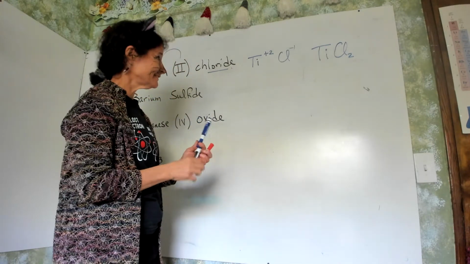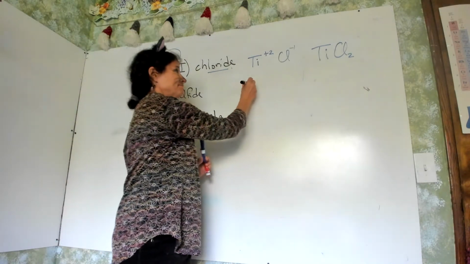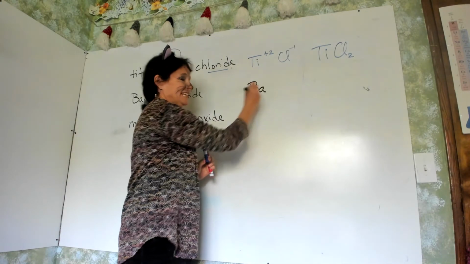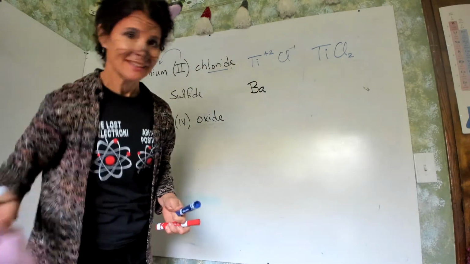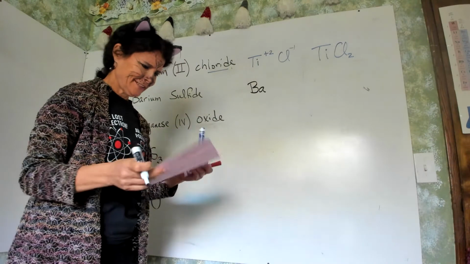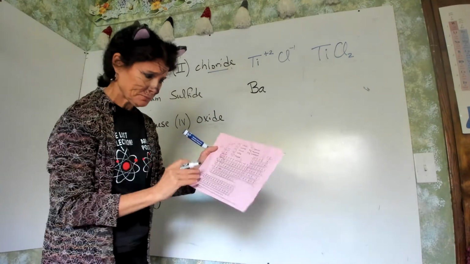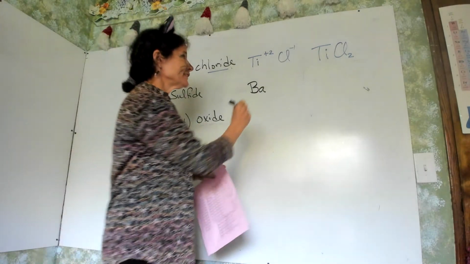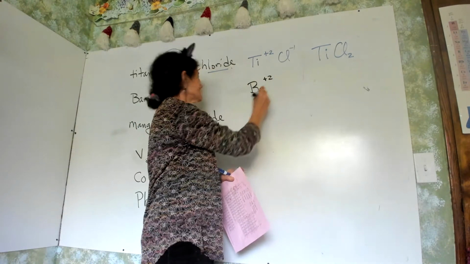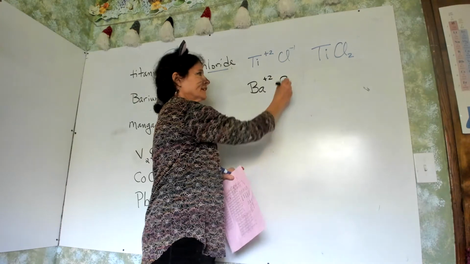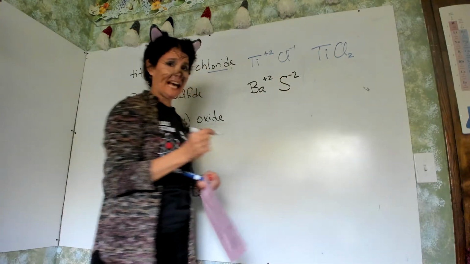Hopefully you can. Next one, barium is Ba. How do I know that? It's not in the first 36. So it doesn't have a Roman numeral. If it doesn't have a Roman numeral, it must be in the first 2 columns. And there it is, number 56. It's a +2. And then sulfur is now called sulfide because it has a charge.